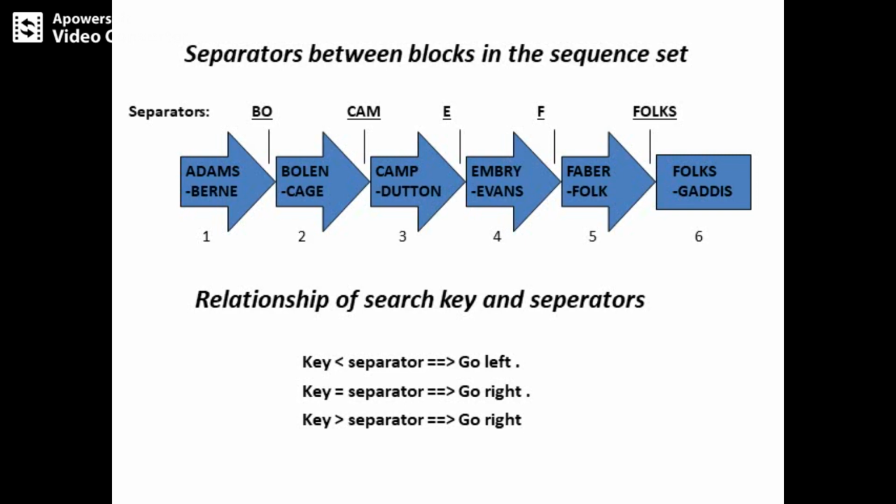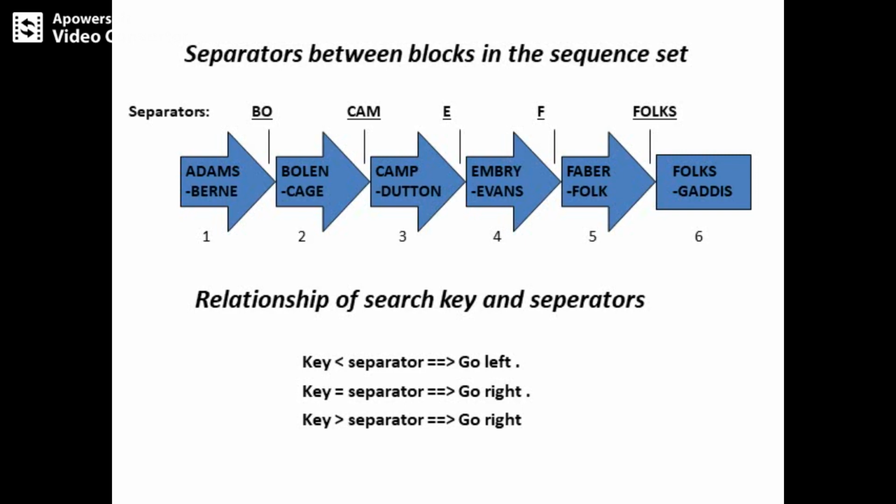If your key is less than BO, it should go to block 1, and if your key is greater than BO, it should go to block 2. That is how you take the separator. And for block 2 and 3, I have taken the separator CAM, because the last record in block 2 has key CAGE, and the first record in block 3 has key CAMP.